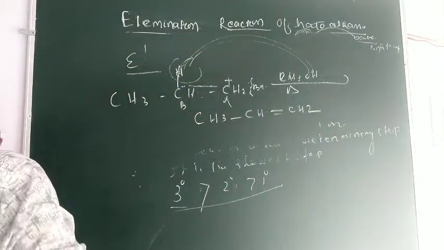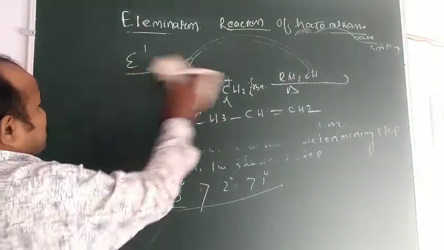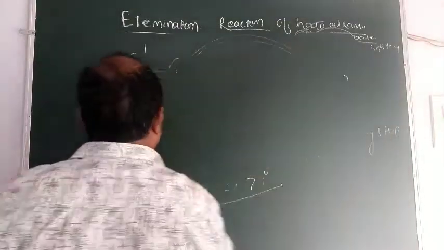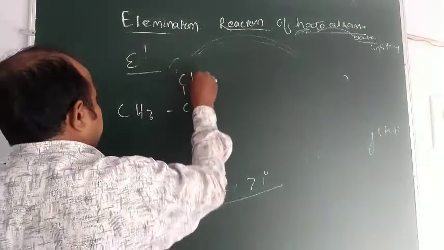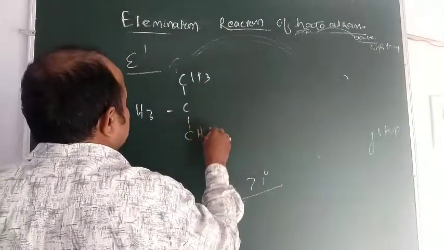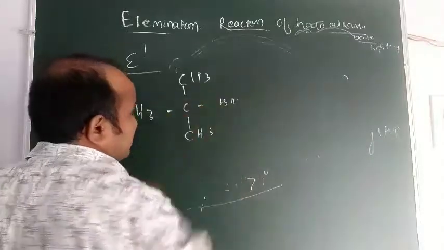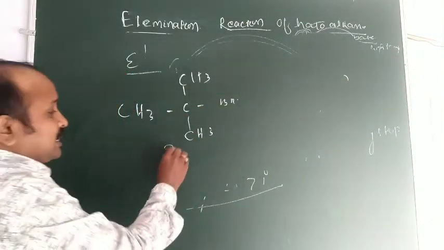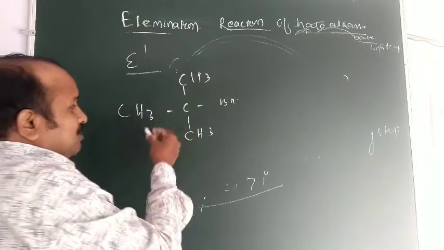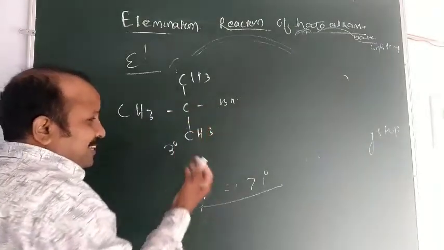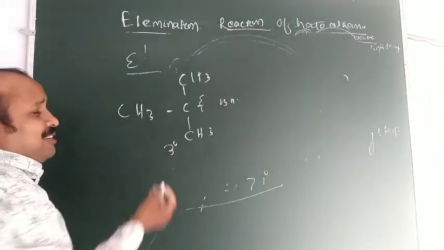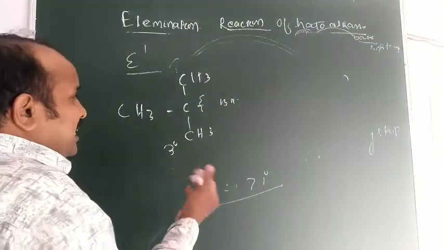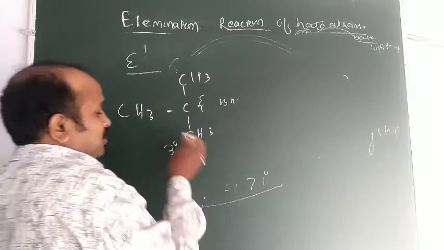This is the primary case, but in the tertiary case, suppose we take (CH3)3CBr. This is 3-degree, so it is very easy to form the carbocation, because the tertiary cation is more stable than the secondary and primary.